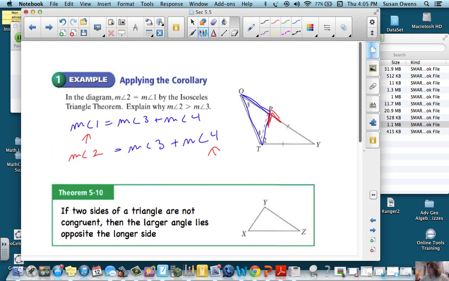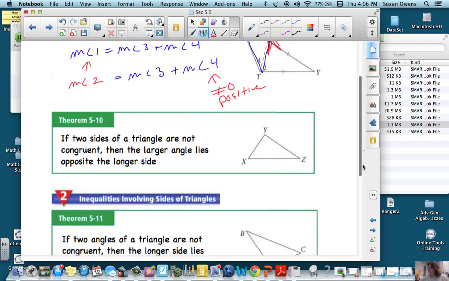But we know that the measure of angle 4 can't be 0, and it's got to be positive. So if the measure of angle 2 equals the measure of angle 3 plus the measure of angle 4, then the measure of angle 2 has to be bigger than the measure of angle 3.